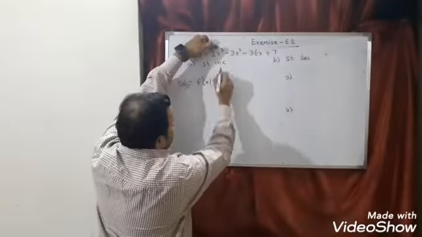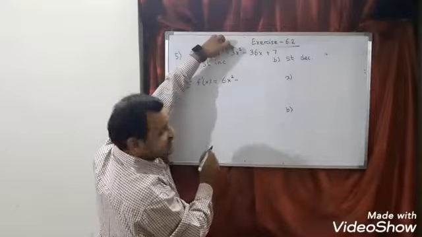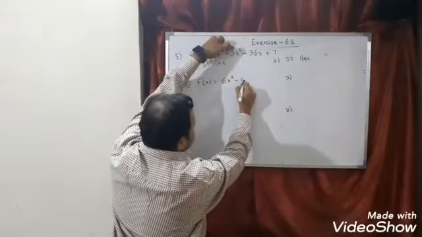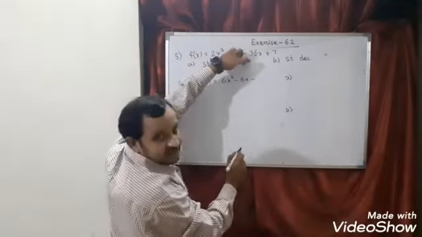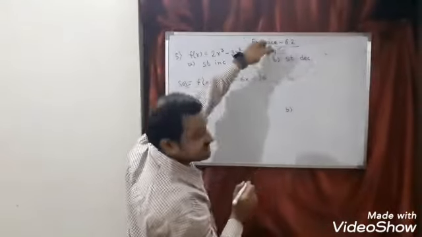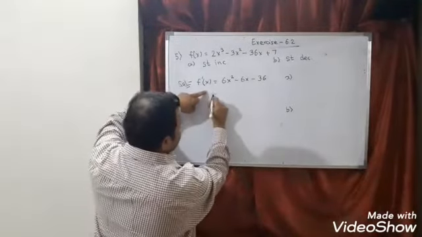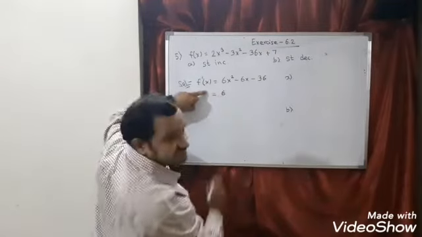Calculate. So x cube means this will be 6x square, minus differentiation of x square, 2x. So 6x will come, minus differentiation of 36x, 36 will come, differentiation of 7 is 0. Next step is to break it into linear factors. So I am taking 6 common.